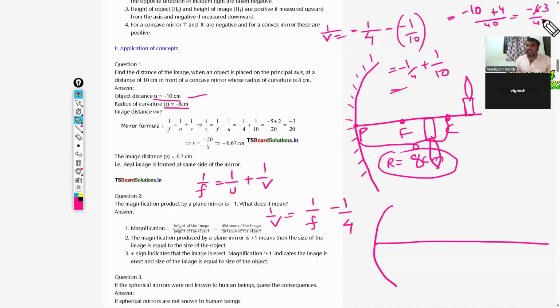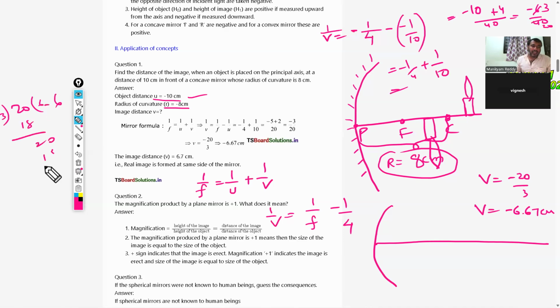Now we can write v is equal to minus 20 by 3, minus 6.67 centimeters. Final answer is minus 6.67 centimeter.